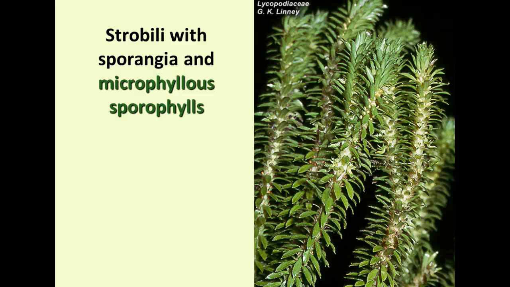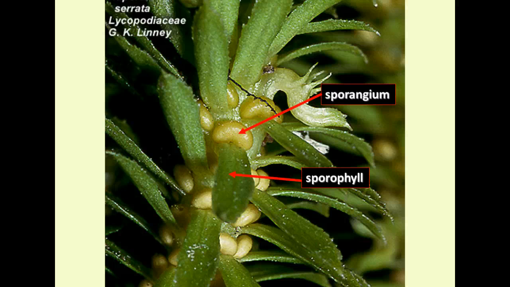Here we can see our little microphyll leaves, and within those, we have the sporangia on top of each of those microphyllous leaves, at least towards the top. So here's another sporangium and sporophyll. This is a microphyllous leaf here.